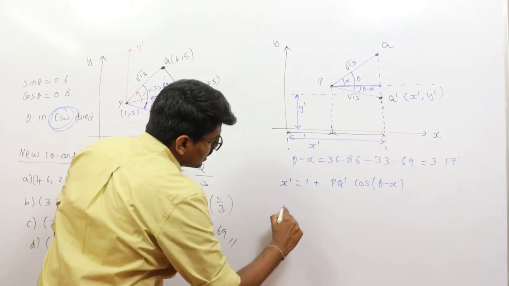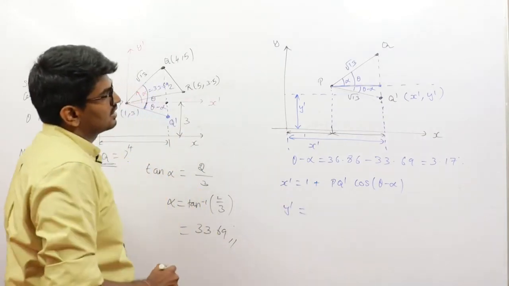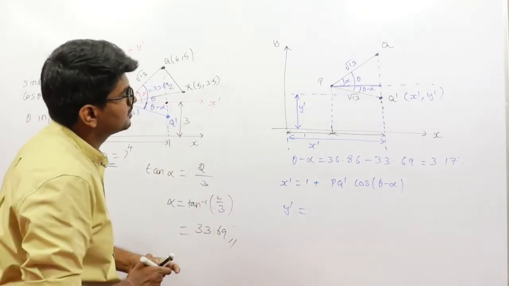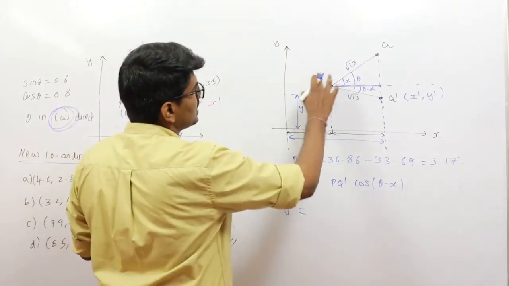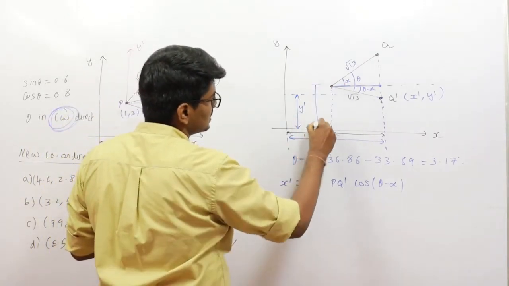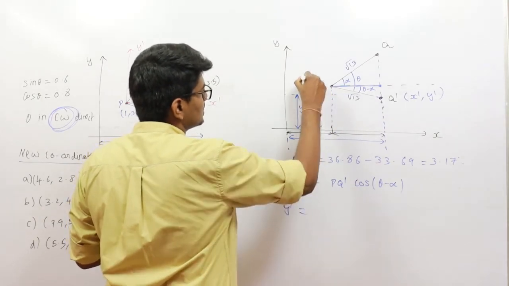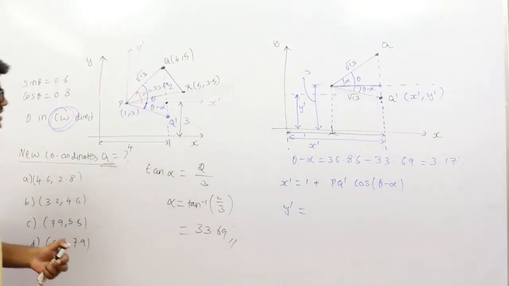And what about y dash? Y dash is also very easy. We know the P value. P is present at a distance, which they have given as 1 comma 3.